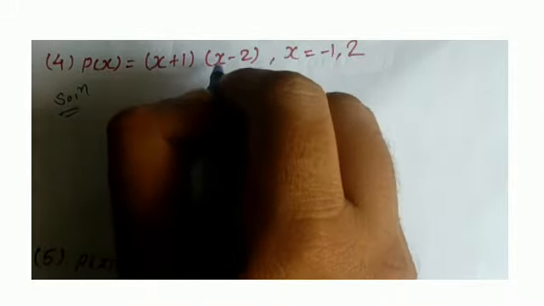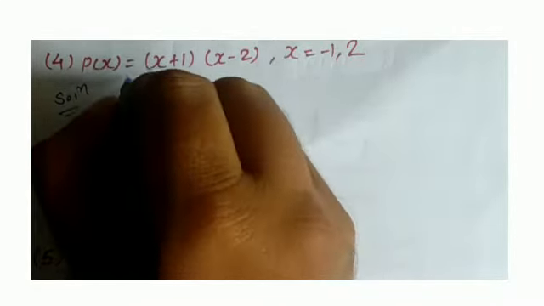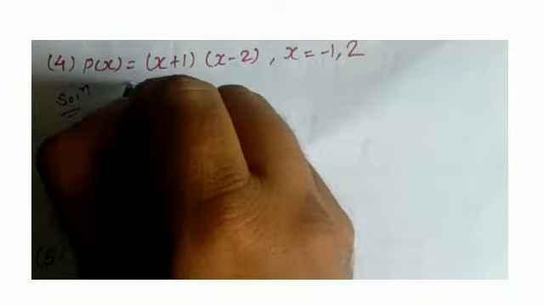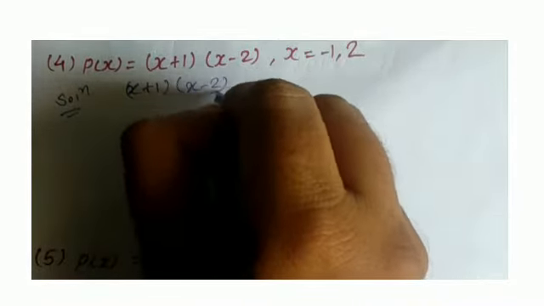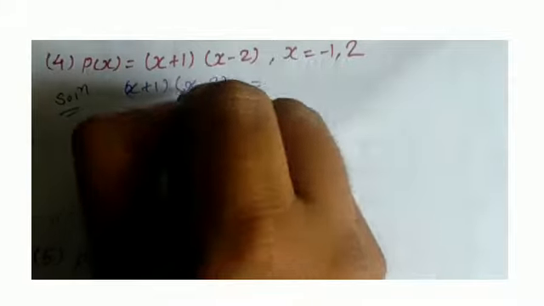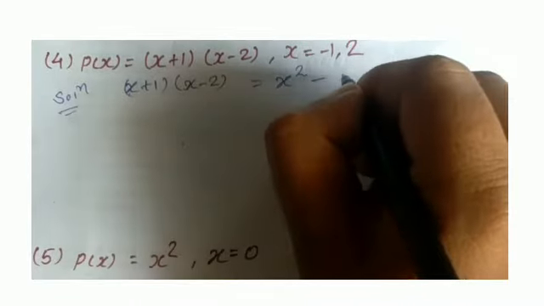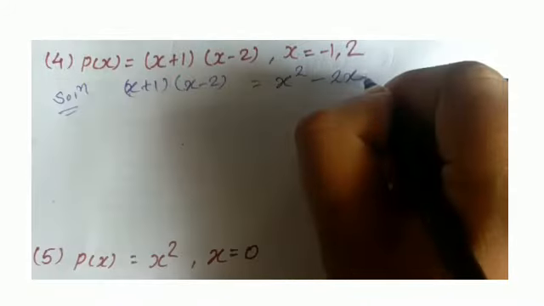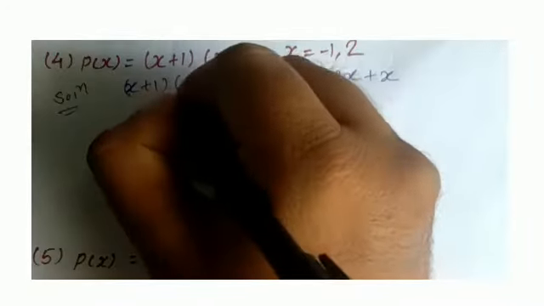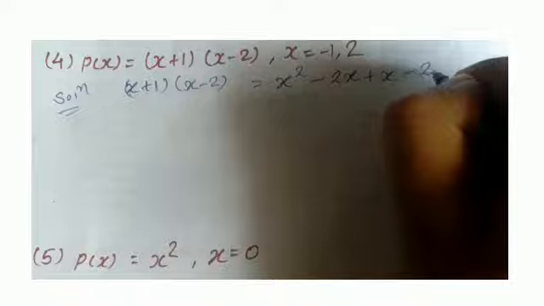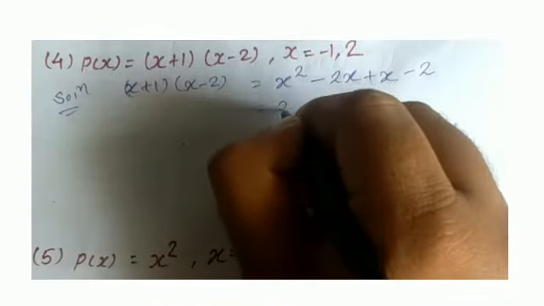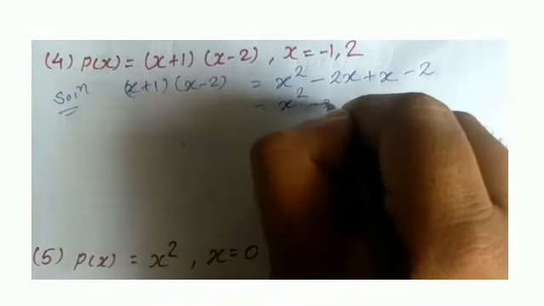So x plus 1 times x minus 2 is equal to x into x, you can write x square, x into minus 2, so write down minus 2x, and 1 into x, so write down plus x, and 1 into minus 2, minus 2. So our expansion is x square minus x minus 2.